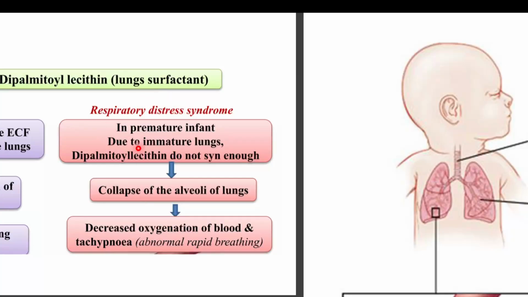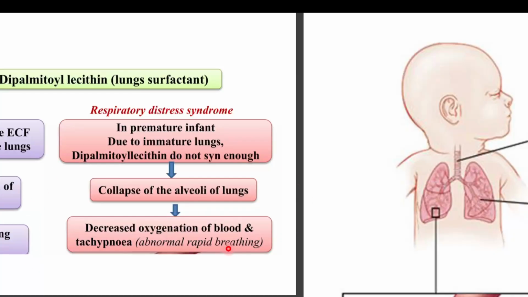Now, what happens in a respiratory disease condition? In a premature infant, due to immature lungs, dipalmitoyl lecithin is not synthesized enough. So there is not enough dipalmitoyl lecithin, due to which there is a collapse of the alveoli of the lungs when there is breathing of air.